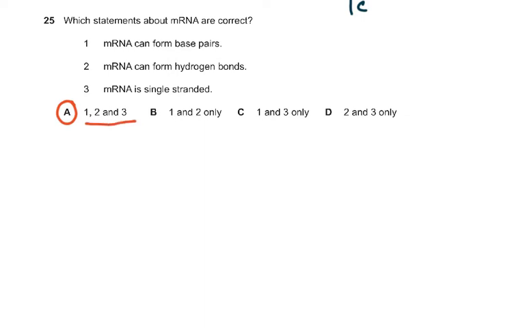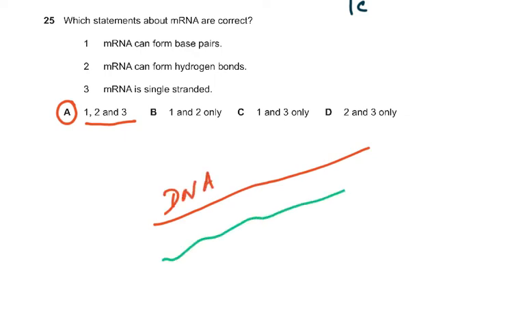It can form base pairs. mRNA will form base pairs with the DNA. If this is the DNA, and then the mRNA forms, so mRNA does form base pairs with it. mRNA can form hydrogen bonds, yes, hydrogen bonds with the bases. And mRNA is single-stranded.